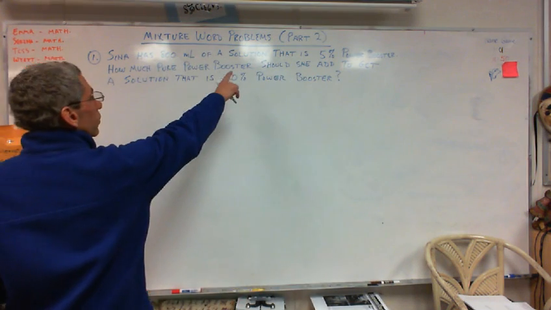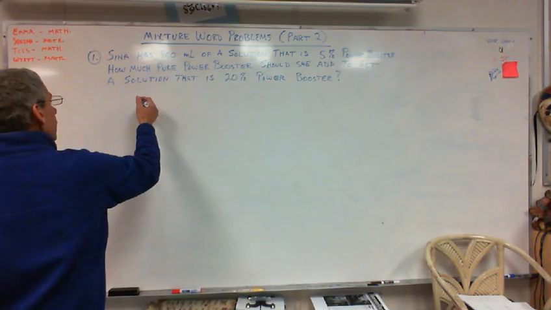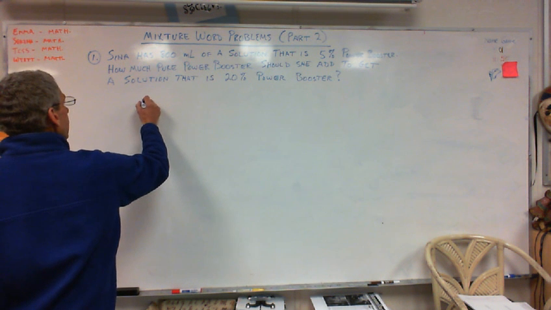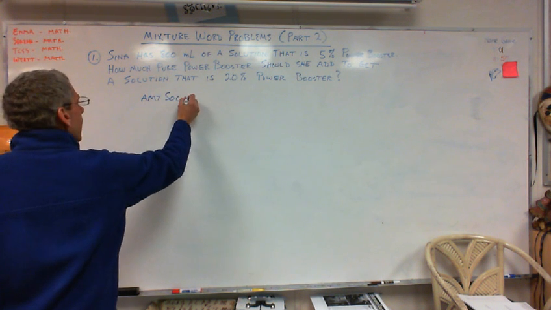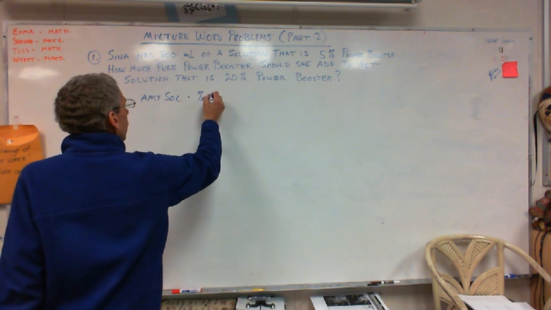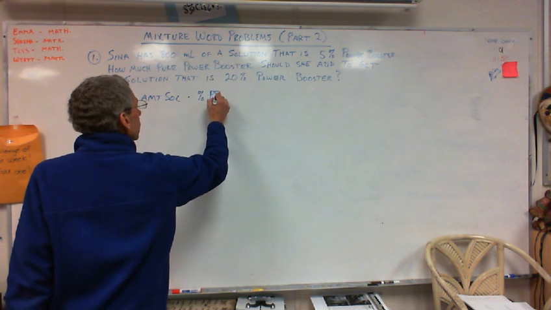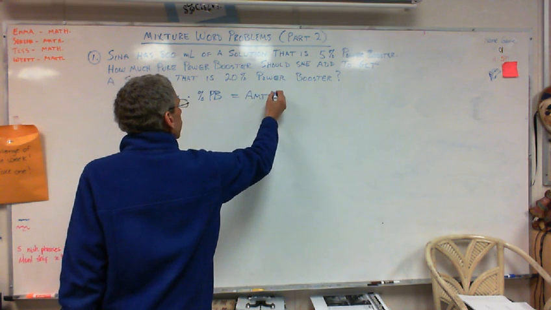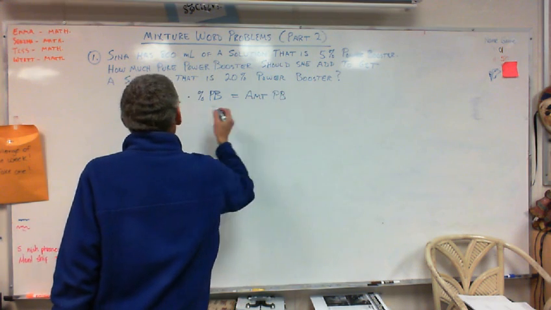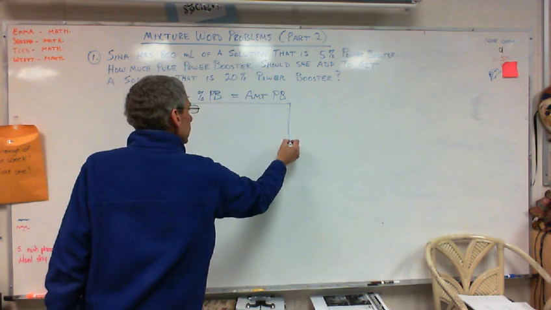So we've got, what are we talking about? Solution, this power booster. So we have amount of solution times the percent of power booster, PB, equals the amount of PB. Okay? So that's our box.